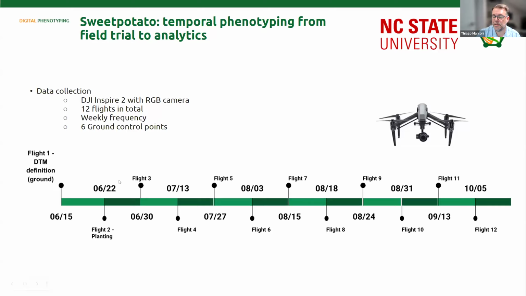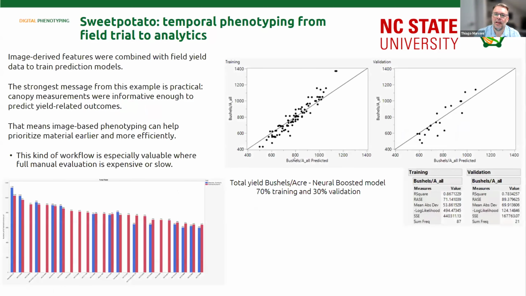And then later on, we did weekly flights, about 12 flights in total. Again, we used 6 ground control points along the field to be sure that every single plot lays on top of exactly the same plot all over the season and extracts the same data.